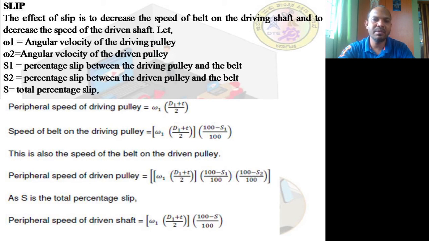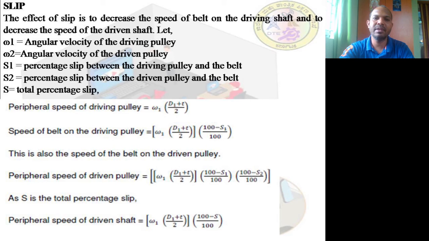S1 is the percentage of slip between the driving pulley and the belt, S2 is the percentage of slip between the driven pulley and the belt, and S denotes the overall percentage of slip that might occur. So that is the slip.